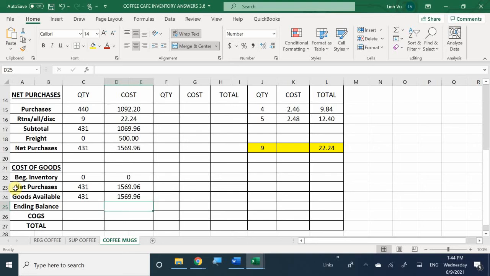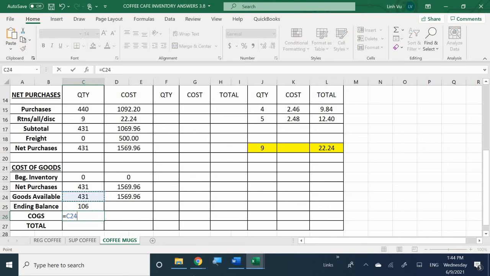Okay. All right. So in our scenario, we were told that our ending balance was how many cups left? 106. So therefore, how many mugs did we sell? 325. 325 mugs were sold.